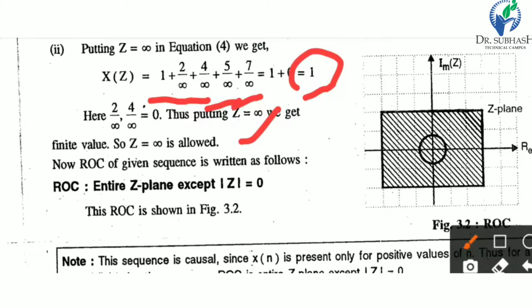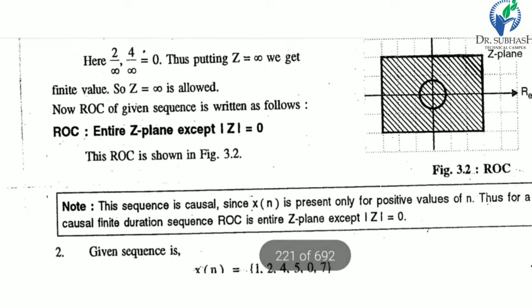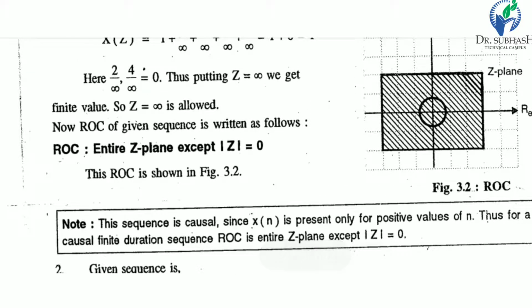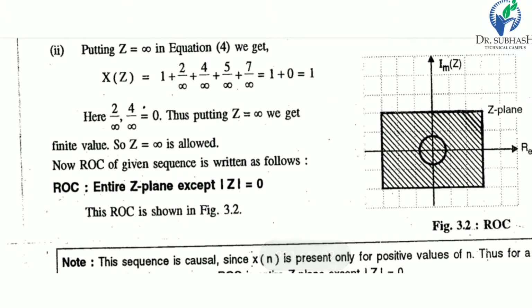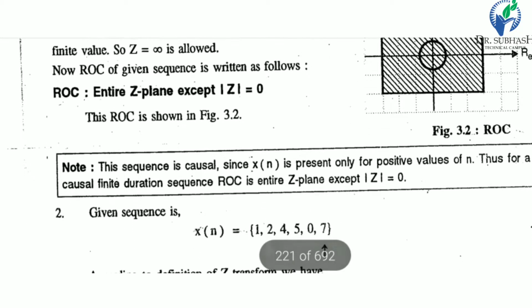Now the ROC of the given sequence is written as follows. The ROC is the entire z plane except mod z equal to 0. So here we can see the ROC of this example: the entire z plane, except the region near the origin.